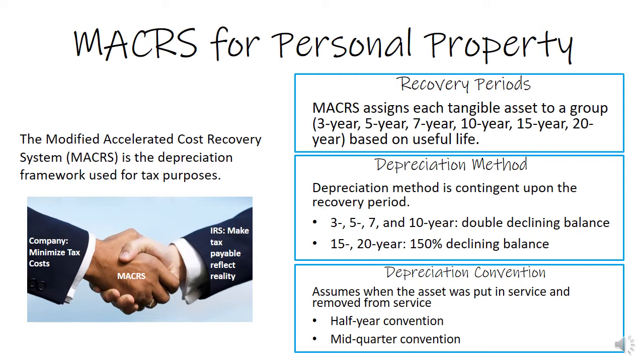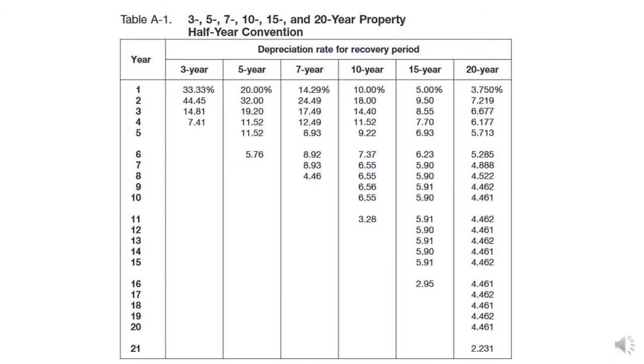In the year that you acquire the asset, it generally takes a half-year convention, regardless of when you put the item into use. There's an exception to that rule called the mid-quarter convention, and we'll examine that in more detail later.